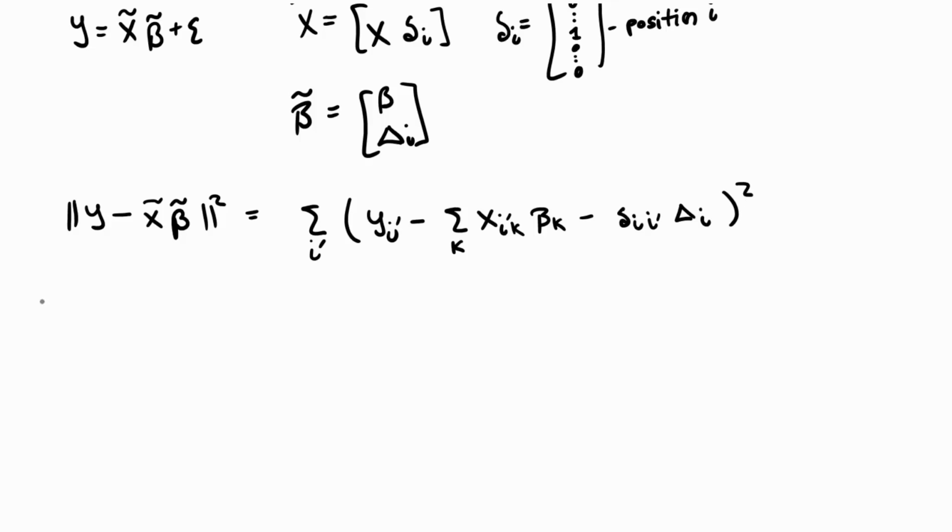So this is going to be equal for all those elements of the sum that are not equal to i. The elements of this vector are going to be 0 except in the instance when i equals i prime.